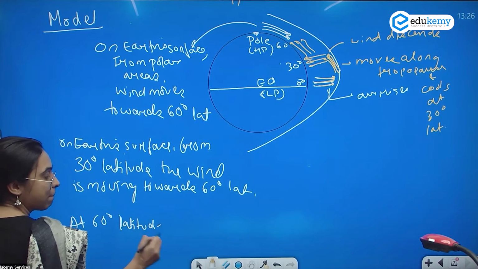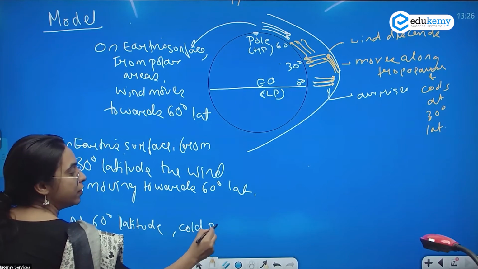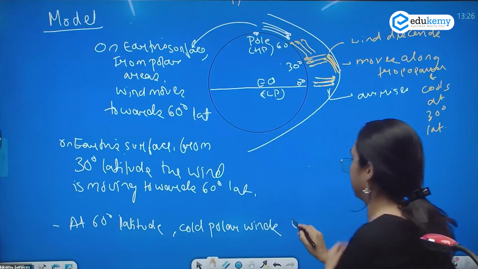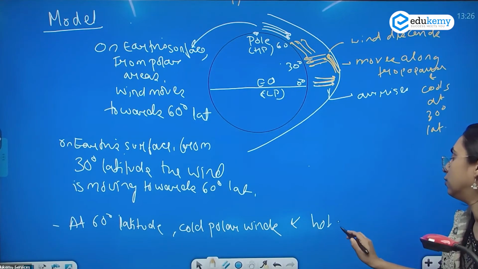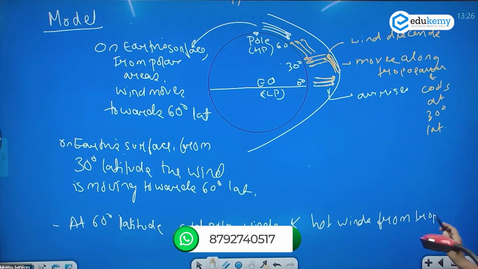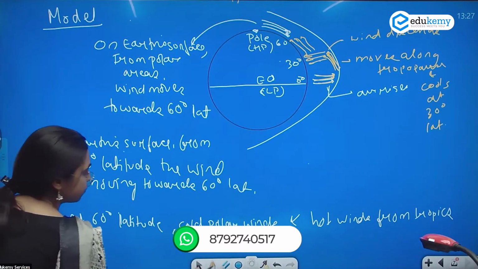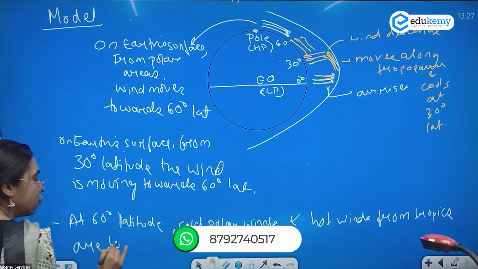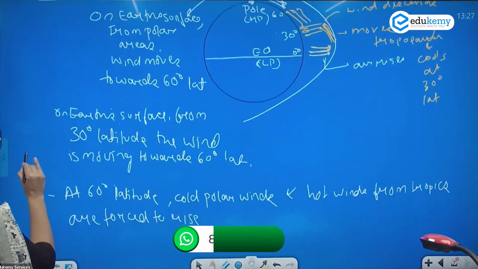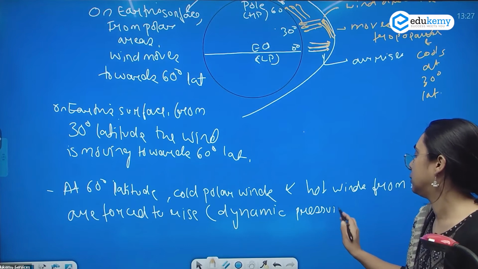You can then write: at 60 degree latitude, cold polar winds and hot winds from tropics are forced to rise. In a bracket, you can write dynamic pressure.